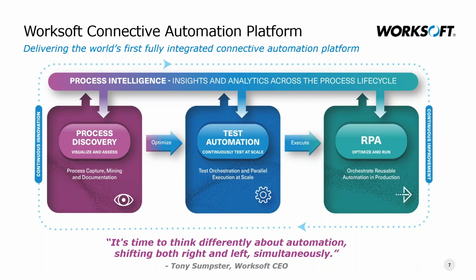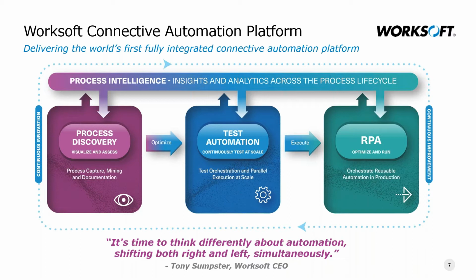Within the connective automation platform, we start with process intelligence, and we use a combination of process discovery, process mining, and process captures to help organizations identify those targets for automation, those targets for optimization. So we really start with good intelligence as to what's going to lead to ROI. Way too many times I see automation projects that really are sort of aim, ready, fire.